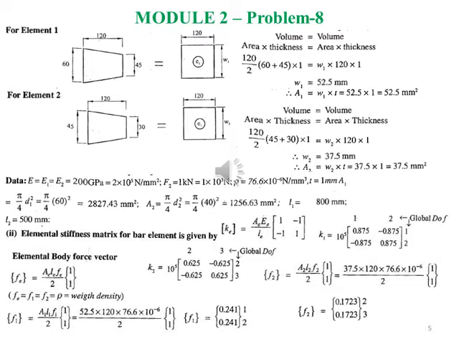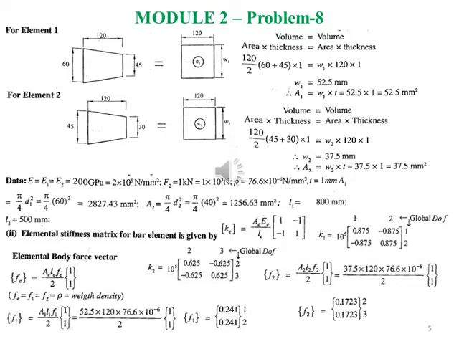Thickness is 1 millimeter. So calculating the stiffness matrix, K is equal to AE by L. On direct substitution of the various values, we get K1 is equal to 10 power 5 into 0.875 minus 0.875, minus 0.875 plus 0.875. Similarly, K2 is 0.625 minus 0.625, minus 0.625 and plus 0.625. So adding K1 and K2, we will get the global stiffness matrix.